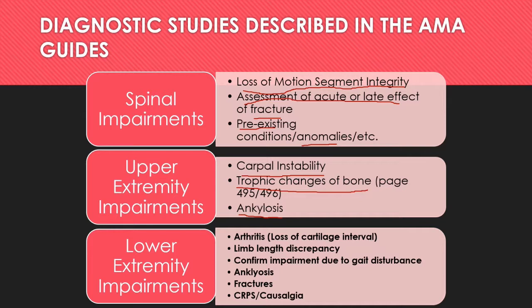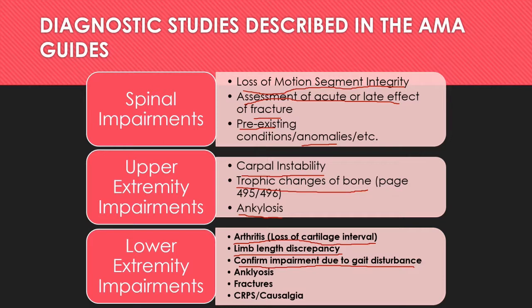With regards to the lower extremity, X-rays are required for the assessment of post-traumatic arthritis. They're required for the assessment of limb length discrepancy. They're required to confirm impairment due to gait disturbance. And if you're familiar with the table, I think it's table 17-5 or perhaps 17-7 that deals with gait disturbance in chapter 17.